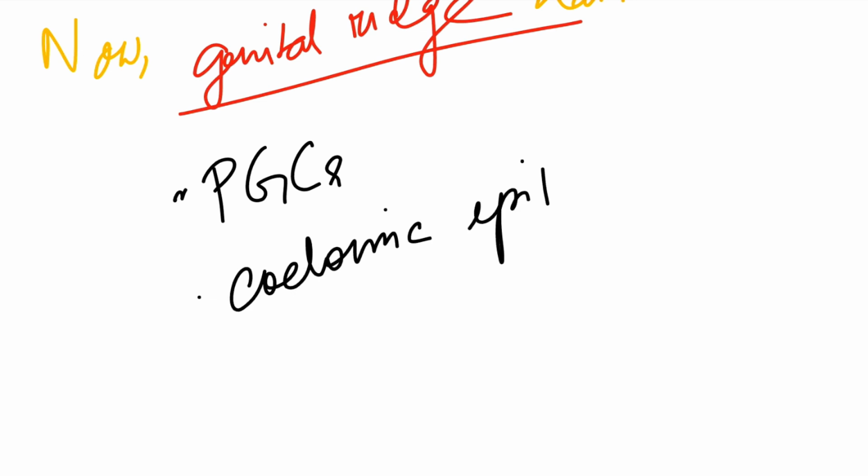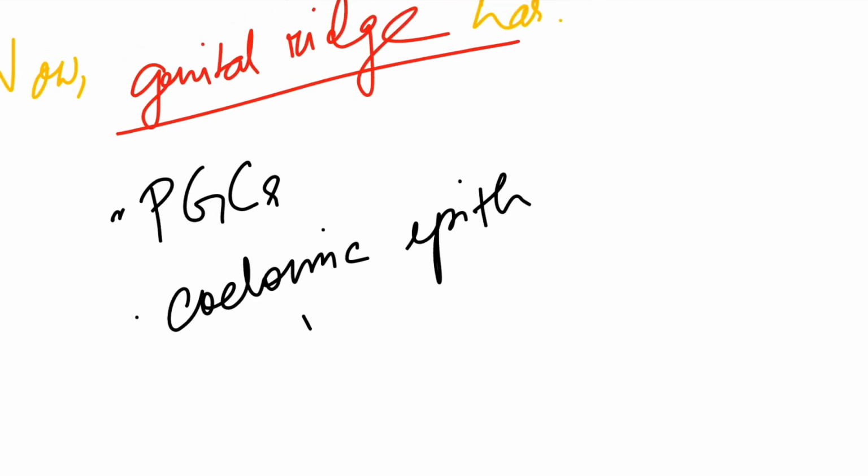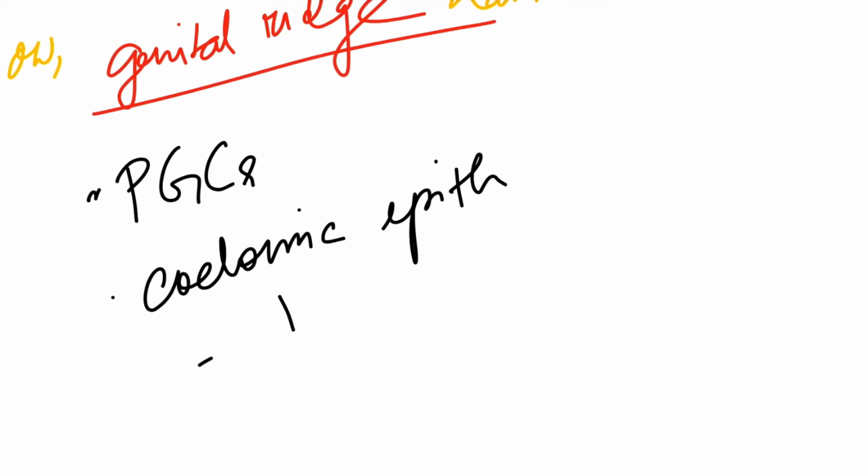The coelomic epithelium is basically formed from the mesonephros, and this mesonephros is a part of the intraembryonic mesoderm. It has developed from the intermediate mesoderm.